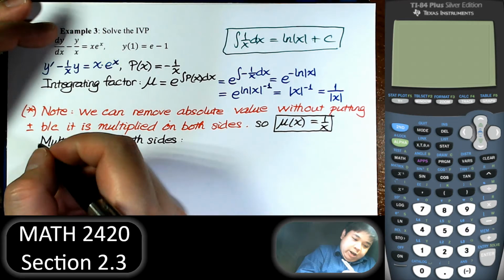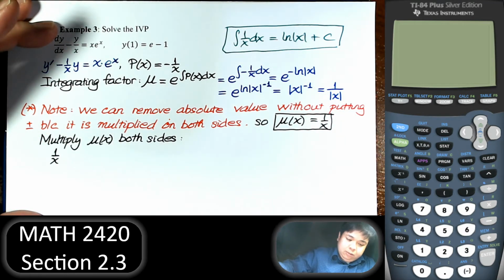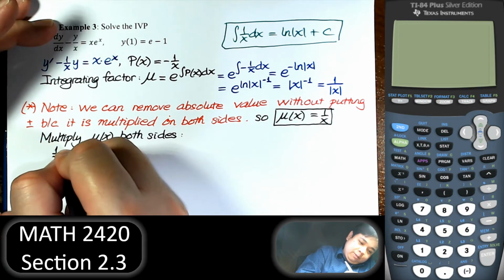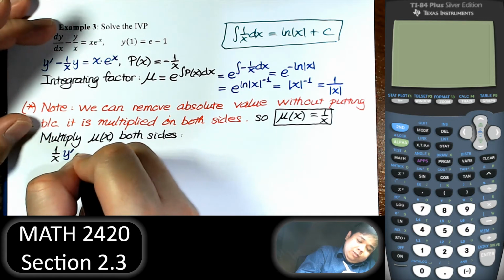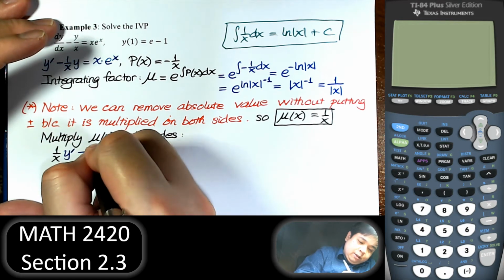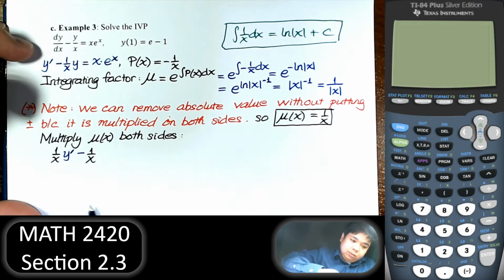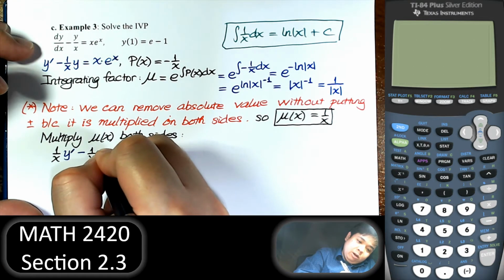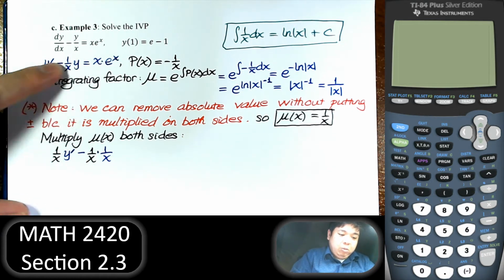So 1 over x, y prime, minus 1 over x, y. Oh, there's still 1 over x, right? Yeah, multiply on both sides of this equation.